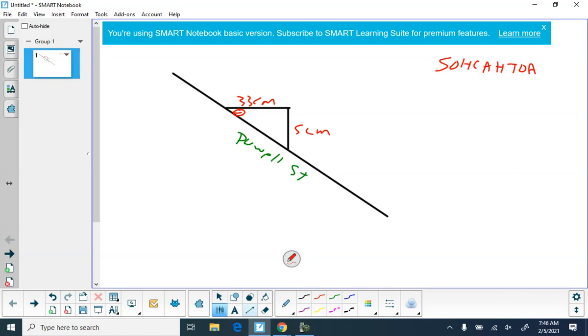What we want to find is this angle. And as we've talked about, you've got to ask yourself, which trig ratio relates the angle that we want to find to the two sides that we know?